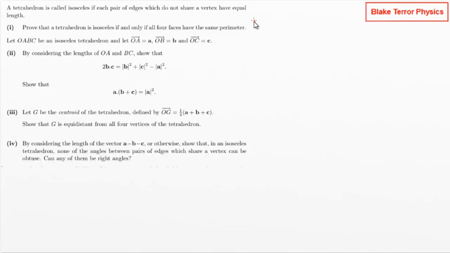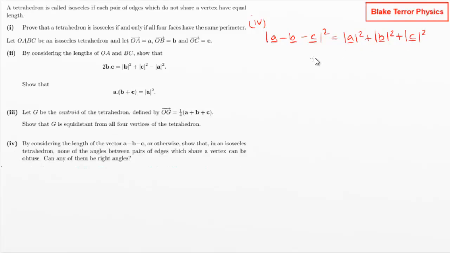Right, it's not obvious where this is going, but they have told us to look at the length of that vector. So we want a minus b minus c, and we've been squaring these all the way through. So, well, let's see what we get. So that's going to give us an a squared, b squared, c squared.